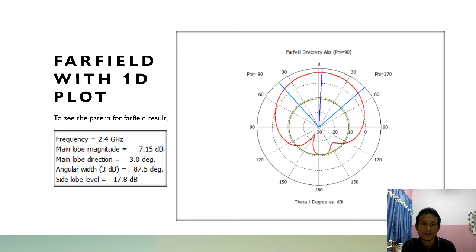The magnitude we get is 7.15 dBi, and the direction is 3 degrees. The angular width is 87.5 degrees, and the side lobe level is negative 17.8 dB.